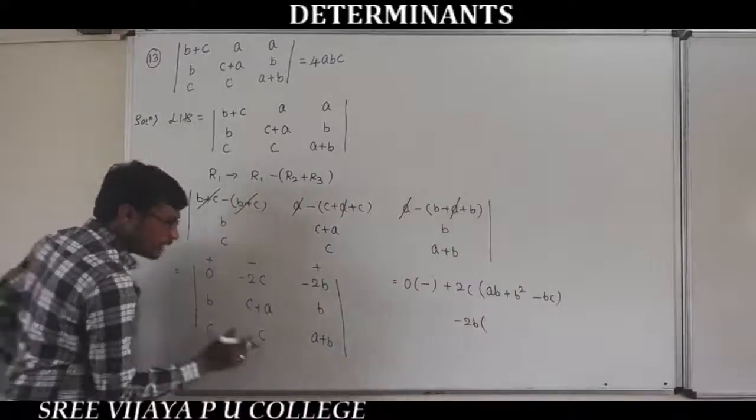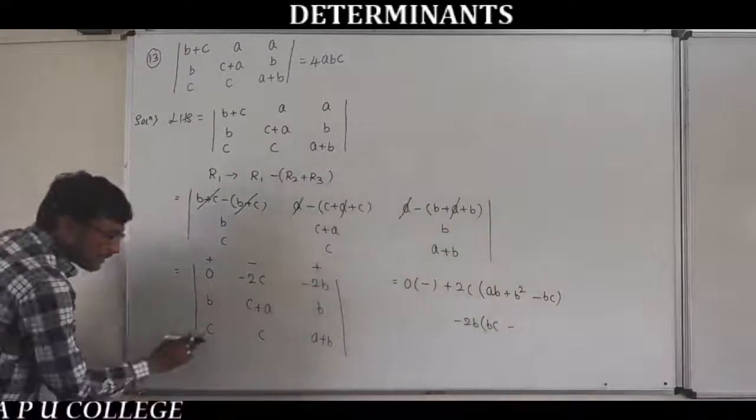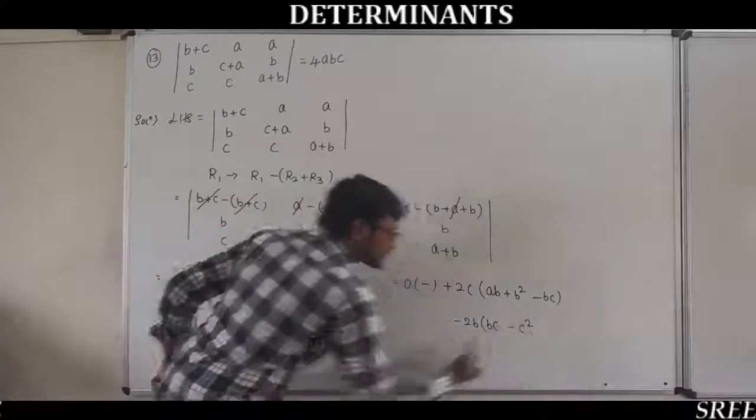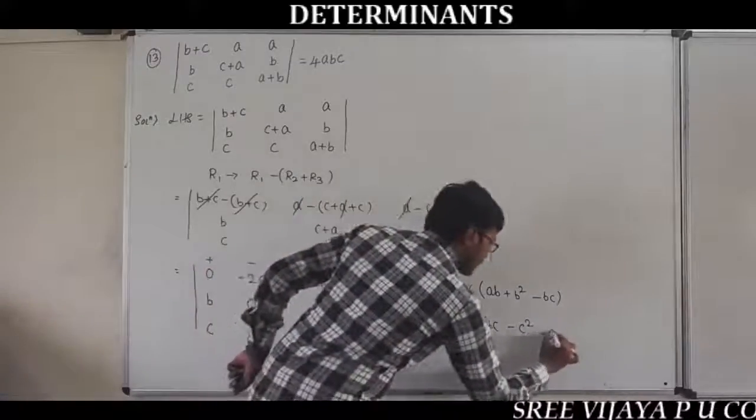B into C, BC, minus, multiply this by two: C into C, C square, minus C square, C into A, AC, minus AC.